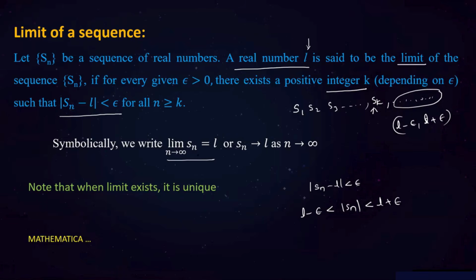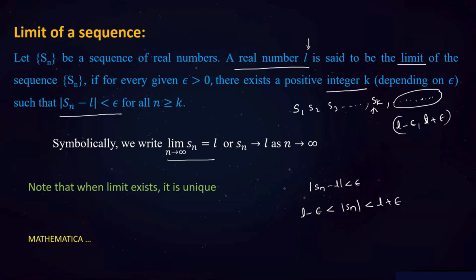This is the same way of writing a limit in the case of functions. But in the case of functions, that was a continuous function. The domain was a set of real numbers directly, but here the domain is the set of natural numbers. Remember, a clear difference is there. There, all the functions were continuous in nature, but here the domain of a sequence is discrete in nature.